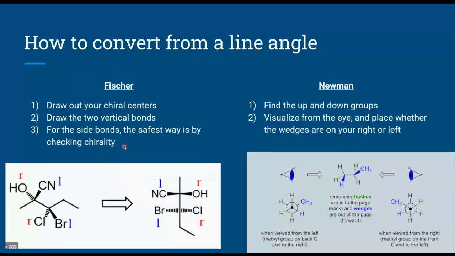For the side bonds, the safest way is to check chirality, because a common mistake is to say, oh, CN and Br are both wedges, so they need to be on the same side.